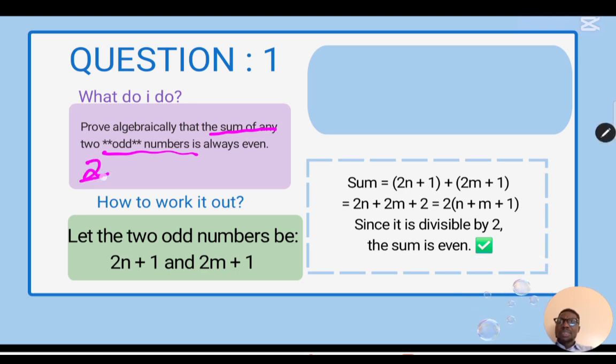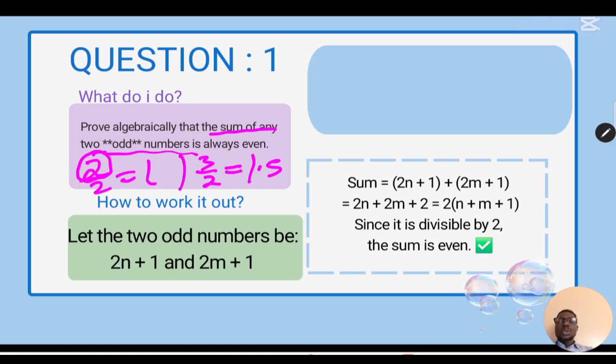If I say 2 divided by 2 is equal to 1, because 2 is an even number. But if I say that 3 divided by 2, that will be 1.5. 3 is not an even number, but 2 is an even number. Therefore, 3 over 2 is equal to 1.5, which means 3 is an odd number.